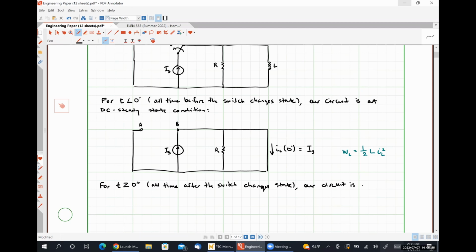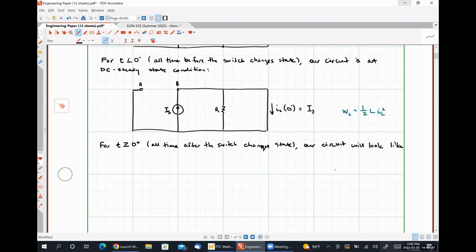Our circuit will look like this. So now our switch is closed at position A, and our current source is directly connected to the short circuit on the left. Here is going to be our open circuited terminal B. Here's our resistor R.